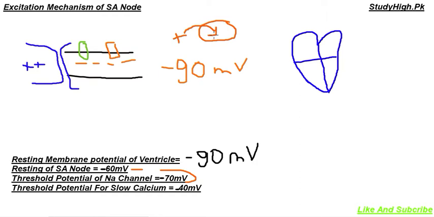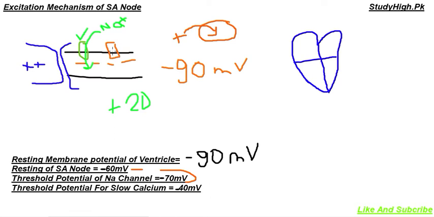When it reaches minus 70 millivolt, the threshold potential for opening of sodium channels, the sodium channels will open. A large amount of sodium ions present in the extracellular fluid start moving into the cell. As a result, the inside becomes more positive and reaches plus 20 millivolt because of rapid movement of sodium ions into the cell.